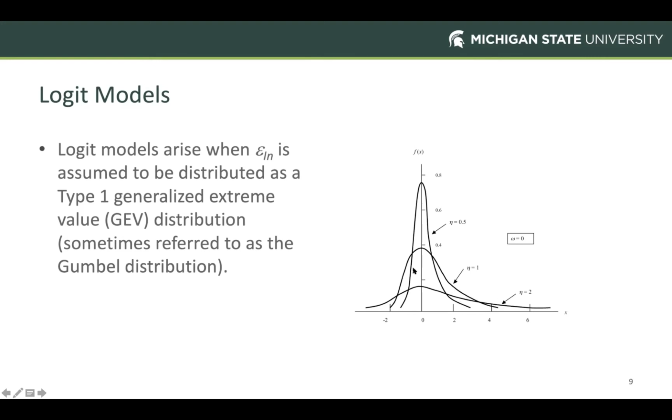But generally speaking, the decision as to whether we look at a probit or a logit model isn't going to make much of a difference. There's been a lot of literature that's investigated this, and there's not really a strong preference for one versus the other. As we work through and estimate these models, we will see some differences in the parameter estimates, but by rescaling those, you'll generally get the same outcome regardless of what choice we make.